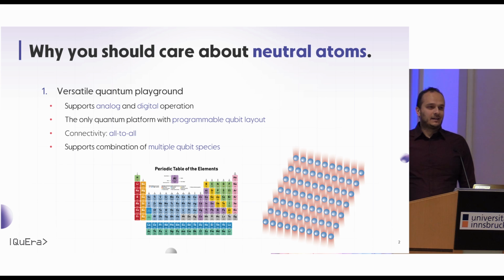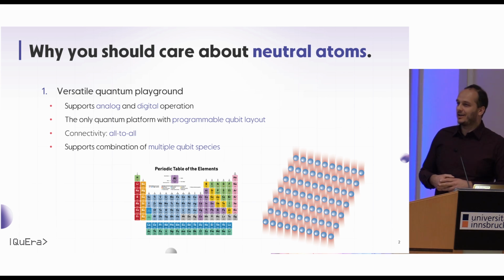And finally, it's a system where you can have different kinds of qubits for different kinds of functionalities. You can have a scilla-type qubit, a data-type qubit, by combining different species of atoms, or even taking different levels inside an atom and using them for different purposes. So these are fantastic knobs to use in a quantum playground.